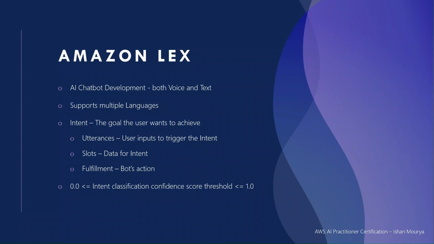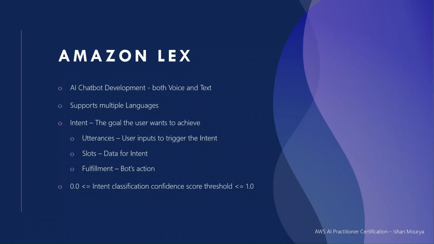And for that mapping to happen, it will have a confidence score, like how confident it is that this question is related to this intent. And that confidence will be between 0 and 1. Now, obviously, the intent which has the highest confidence score will be picked up.